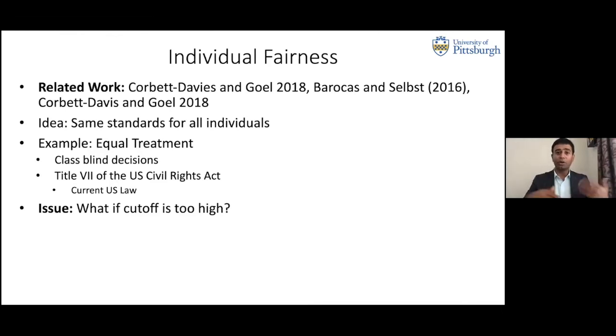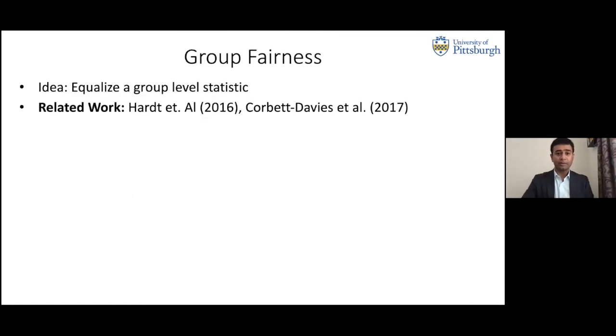So although you are not deliberately discriminating against African Americans, if you use a cutoff of 750 in the US, you will end up giving loans only to whites or non-blacks. So that is a problem because in individual fairness, the cutoff sometimes can be too high, and that leads to a lot of problems.